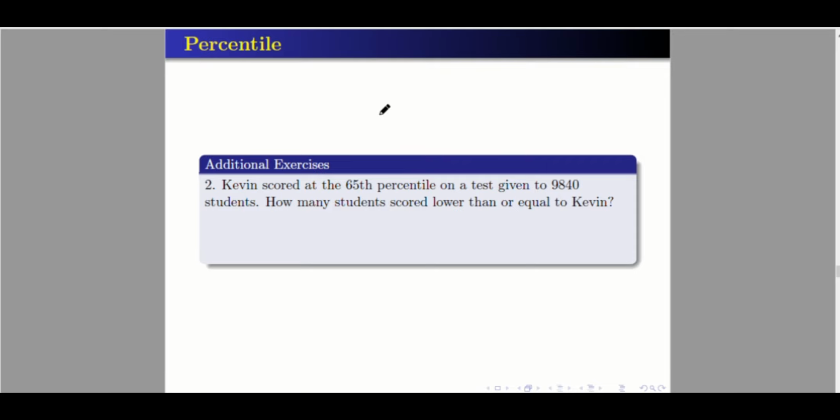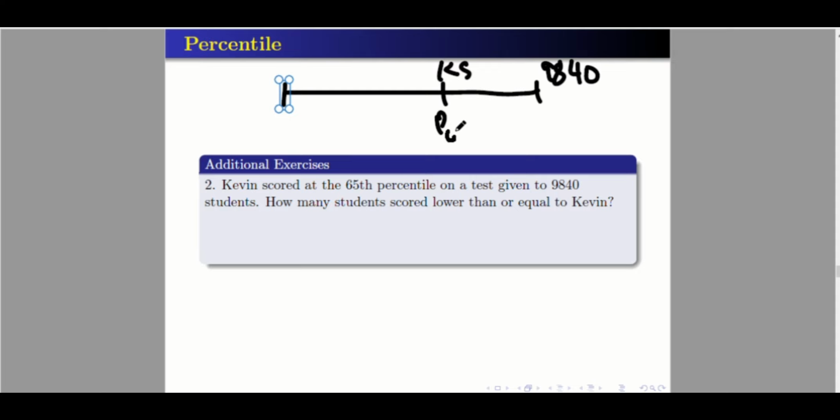Number 2, Kevin scored at the 65th percentile on a given test to 9,840 students. So meaning Kevin's score is here and at the 65th percentile. So it means that the percentage here is of course 65%. Now, how many students scored lower?